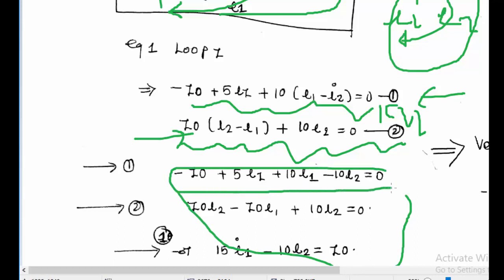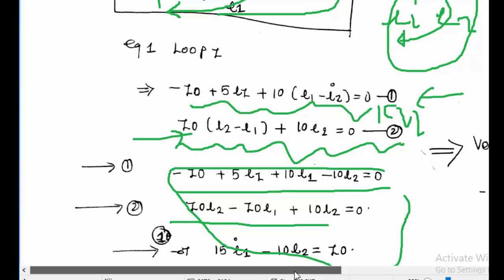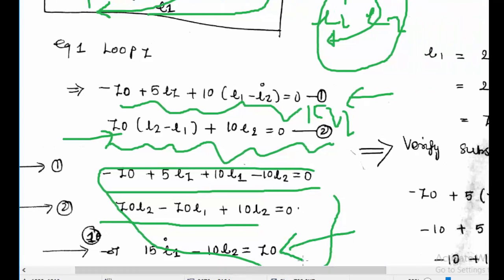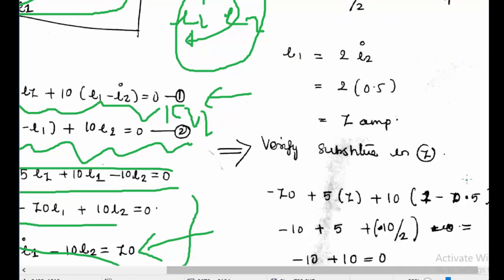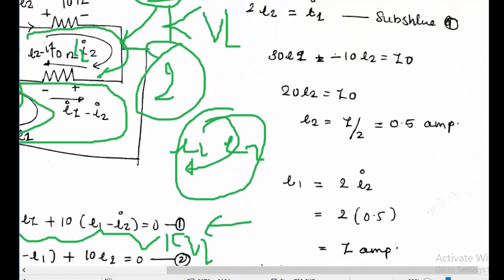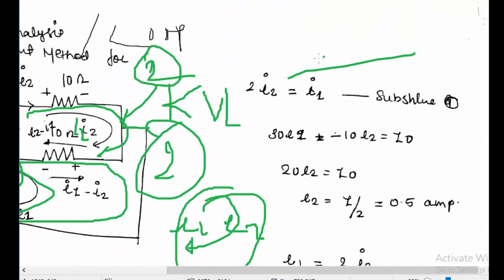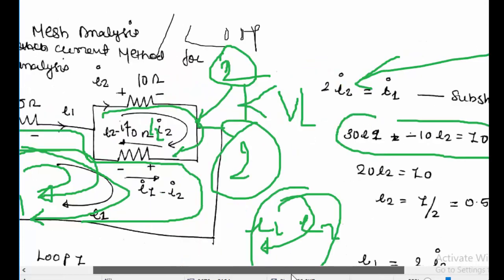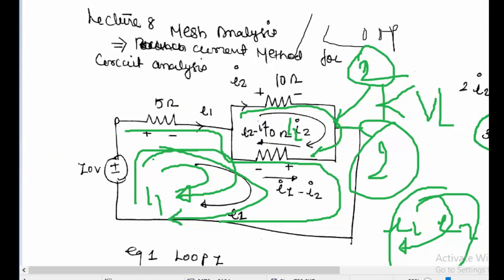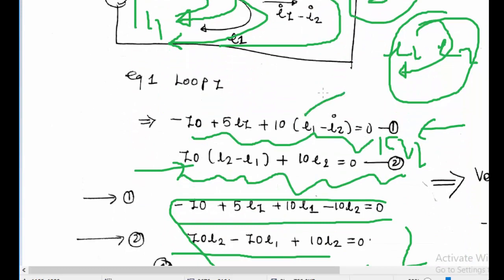We simplified the first equation, and the second equation we simplified too, and on simplifying the second equation, we found that 2I2 equals I1. So we substituted that, 2I2 equal to I1, in equation 1.